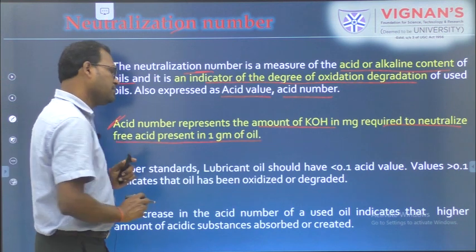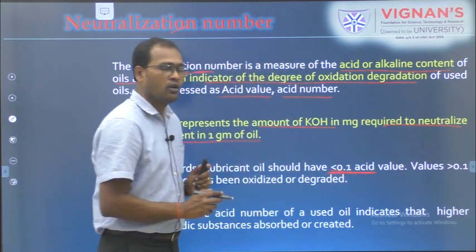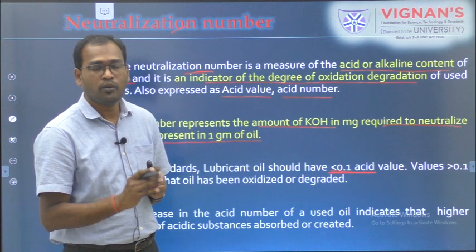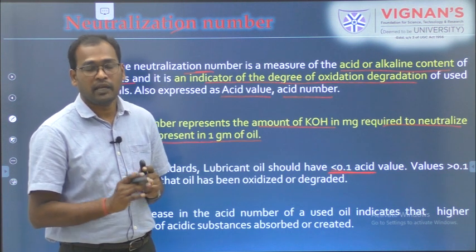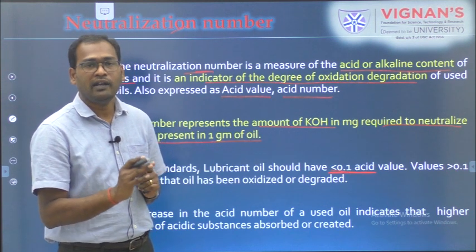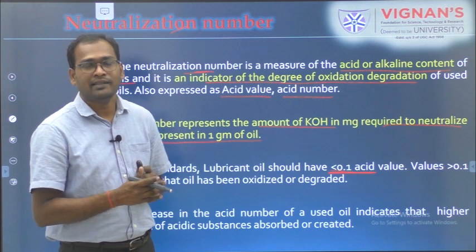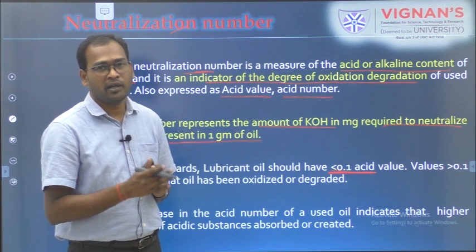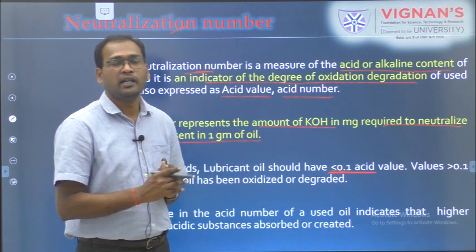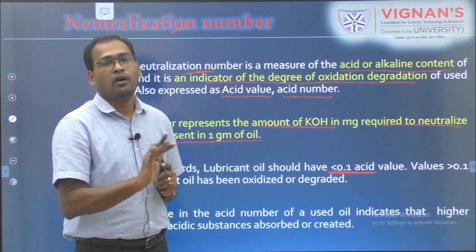As per standards, lubricant oil should have an acid value of less than 0.1, and if it exceeds 0.1, that means the oil is contaminated with acid, and that acid can either be externally added or come from degradation of the oil because of oxygen.